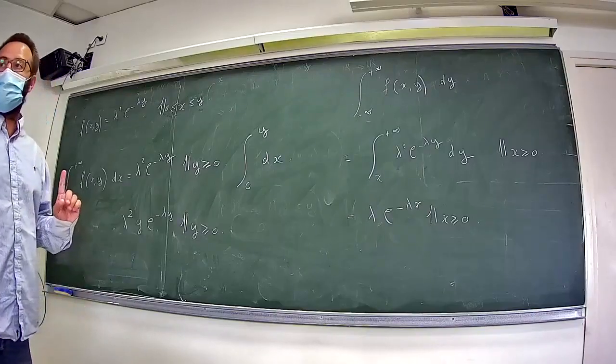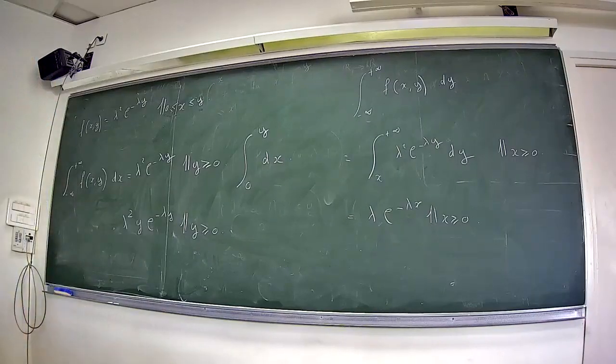Last question. I start from a joint density. I prove that the density of the second component is this one. The density of the first component is this one. The last question is, are they independent? So if I check my result here, they are independent if and only if the joint density is equal to the product of the density function of each component.